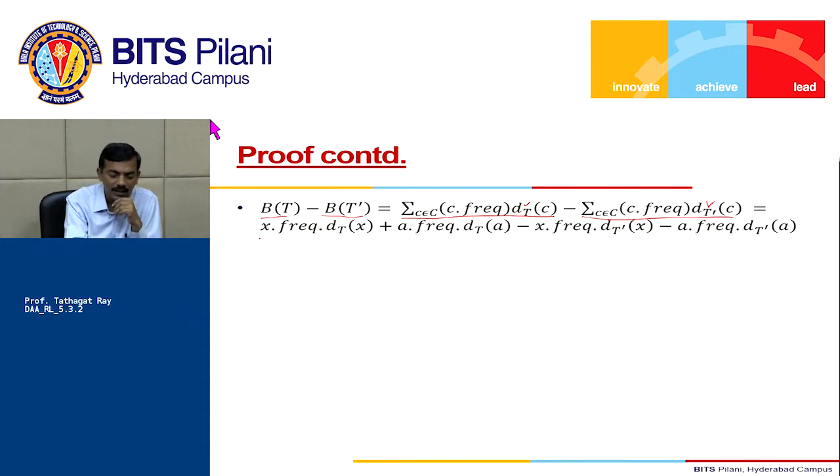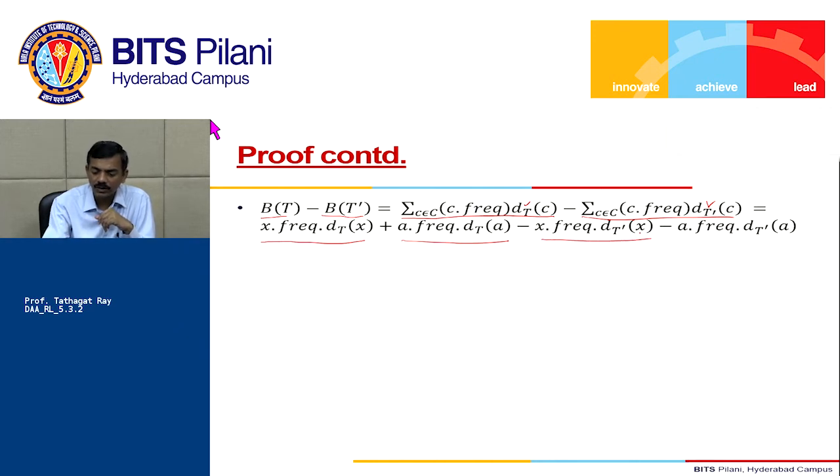What will remain is X dot frequency times dtx, plus A dot frequency times dta, minus X dot frequency times dt prime x, minus A dot frequency times dt prime A. These two terms are coming from here, and these two terms are coming from here. The other terms of these two summations are cancelled out because they have not changed their positions. So from T to T prime, the only thing we did is flip X and A.